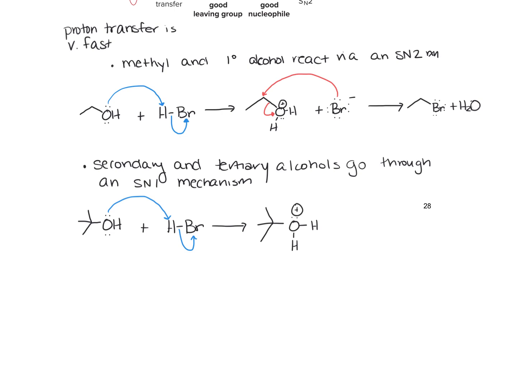Here is where we differ. We are going to undergo heterolysis here because it's an SN1 mechanism. So that water is going to leave as the leaving group, and we undergo heterolysis and form a carbocation.